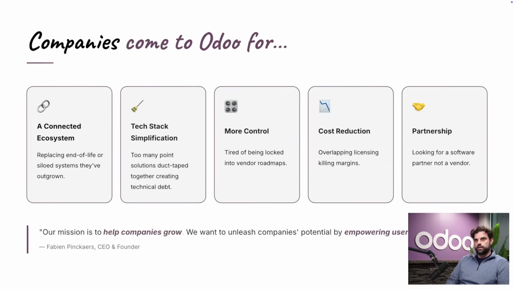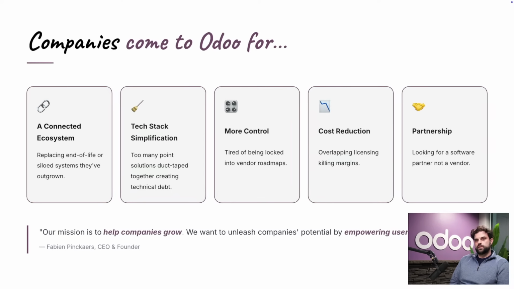So next, what companies typically come to Odoo for? Odoo's a fully connected ecosystem, meaning in our core application of our enterprise edition of Odoo, we have over 80 out-of-the-box applications that all integrate natively out of the box. So this helps with replacing disjointed, siloed one-off solutions, as well as replacing legacy ERPs that are complex and not scalable as your business continues to grow and have new needs.